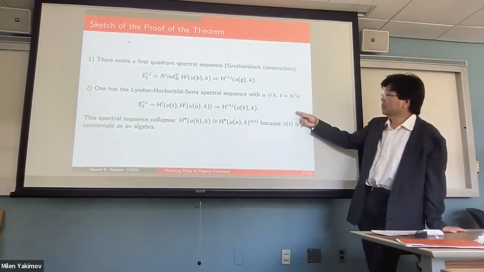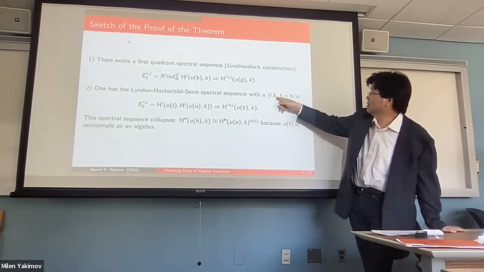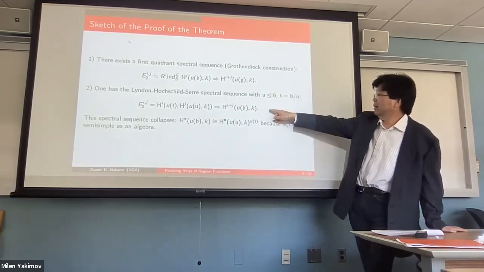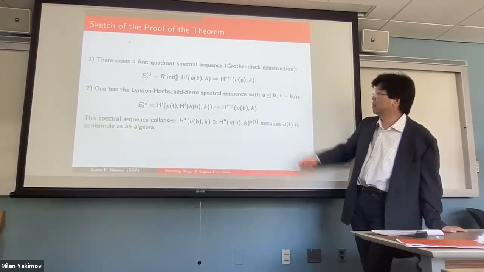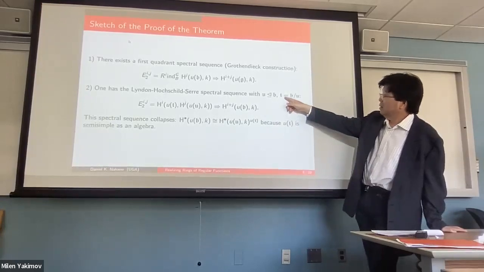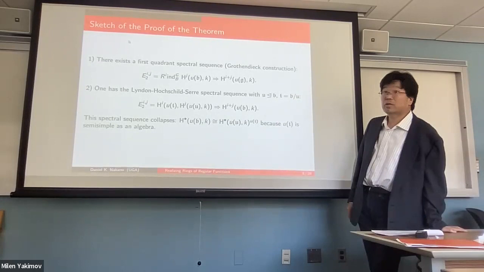Now, spectral sequence number 2, you've probably seen before. If you have something which is normal inside of something else, just like with groups, then you have a Lyndon-Hochschild-Serre spectral sequence like this. Now, it turns out that with the torus, all representations for U of T are completely reducible.